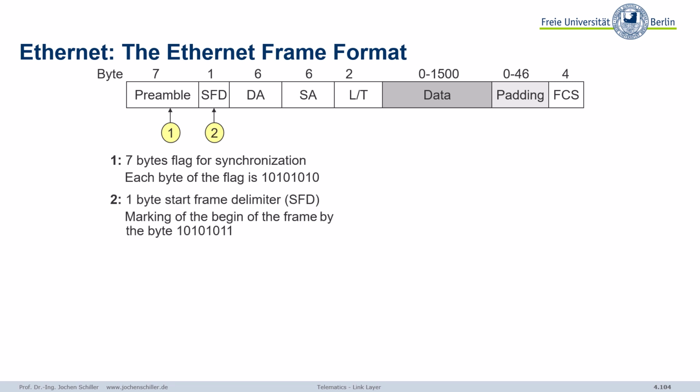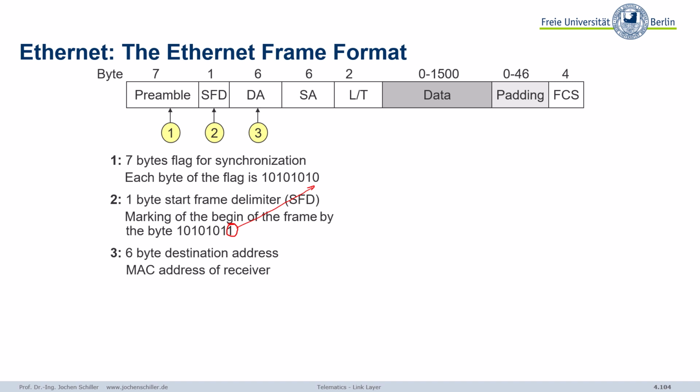And then we have a start of frame delimiter. And the difference here is, as you see, there's a bit at the end changing here. And this marks the beginning. Then we know everything starts. The next thing we see is the MAC address. That's the destination address, so the MAC address of the receiver.